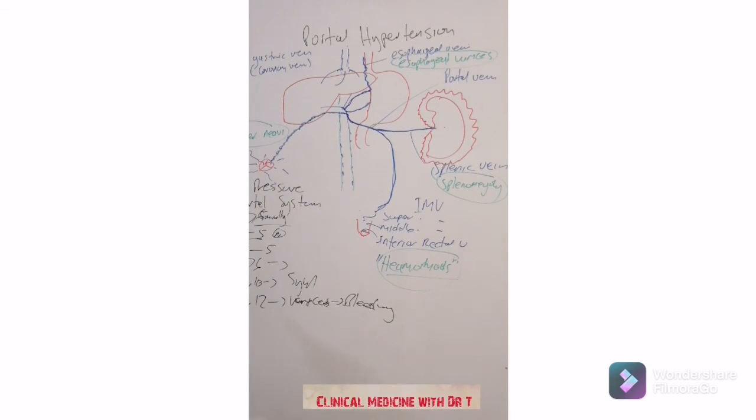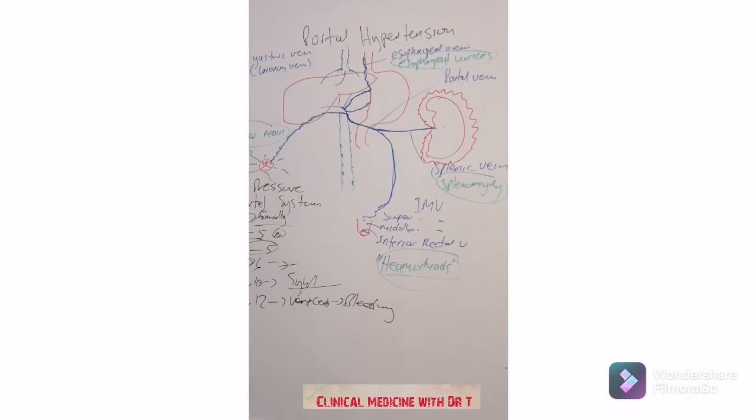So just to repeat, normal pressure is between 1 and 5. Once it's above 6, it's abnormal. Once it gets above 10, the patient will be symptomatic. Once the pressure gets above 12 and above, the varices are likely to bleed.